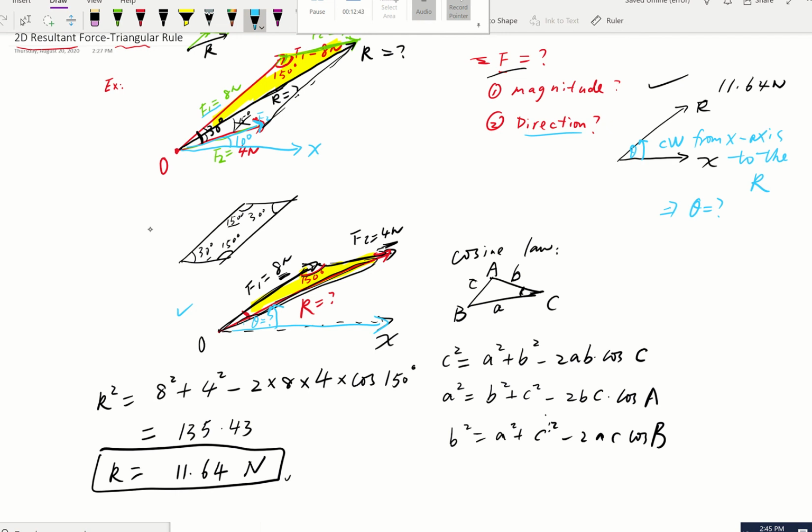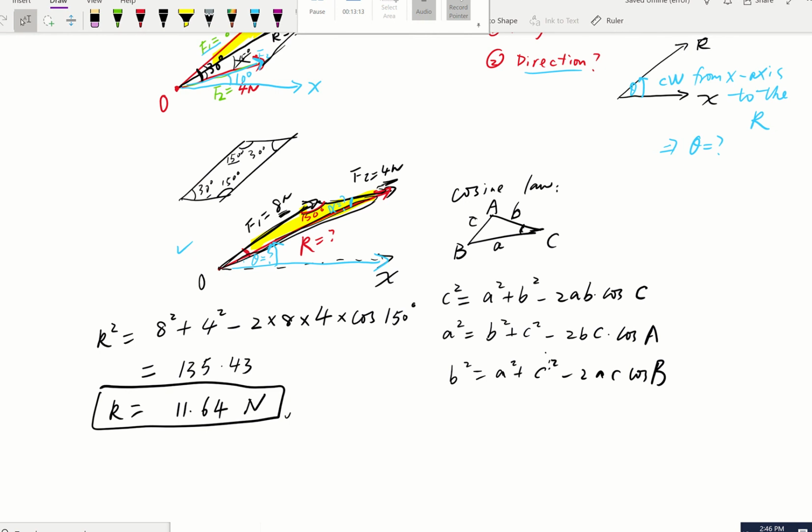Can you find the angle, for example, for this one, this angle right here? And why do we want to find this angle? I will show you in a minute, but can we find this angle? Let's call this angle alpha. Can we find alpha?